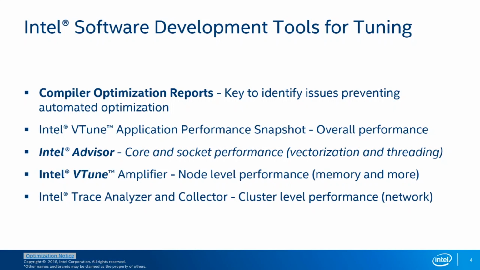We have Intel VTune, and that's the primary tool for getting performance counters and optimizing for things like cache, for example. And we also have Intel Trace Analyzer and Collector for profiling network issues. But since Theta is not based on Intel MPI, I will not be talking about Intel Trace Analyzer and Collector.